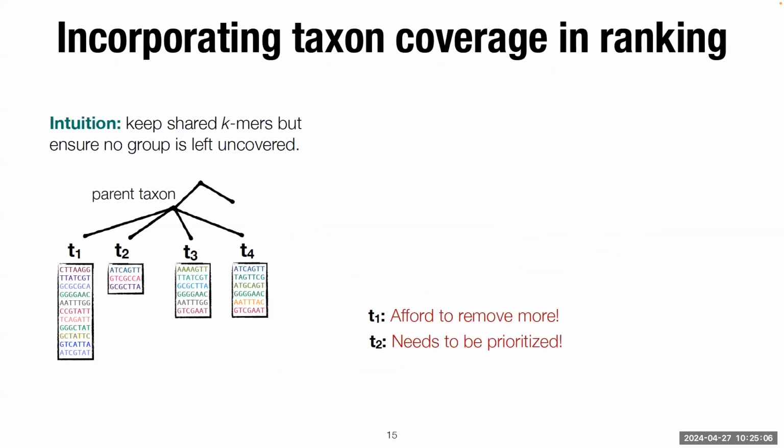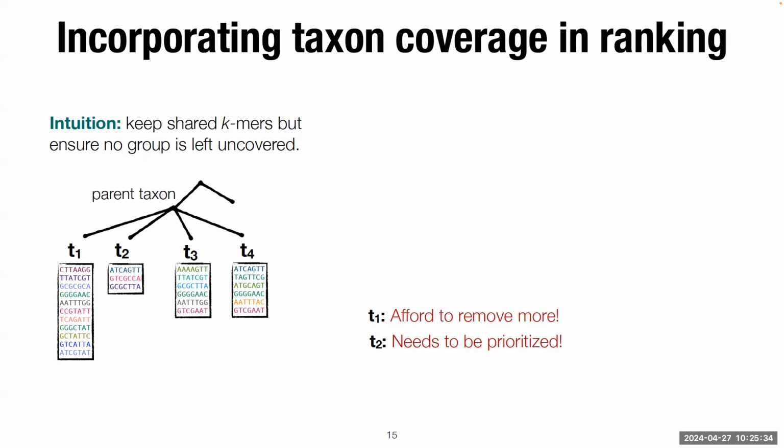And we thought that in addition to keeping shared k-mers, since they performed better, we could consider one more aspect too, which is coverage. You want to cover all groups, all taxonomy in a sufficient manner. So the intuition is that we want to keep shared k-mers, but we want to ensure no group is left uncovered. Let's say during the traversal, we are at this parent taxon and it has 4 children, T1, T2, T3, and T4.